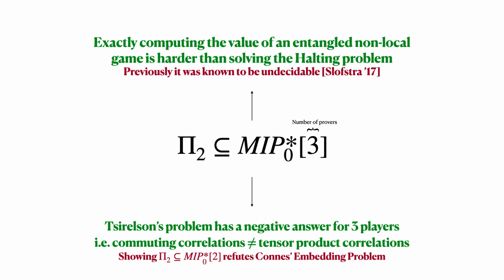Here I would like to note that reducing the number of players to 2 refutes the Connes embedding problem from the theory of von Neumann algebras. We know that the Connes embedding problem is false from the recent MIP star equals RE breakthrough result. But this relation to Connes embedding shows that reducing the number of players in our work is perhaps a very difficult task.